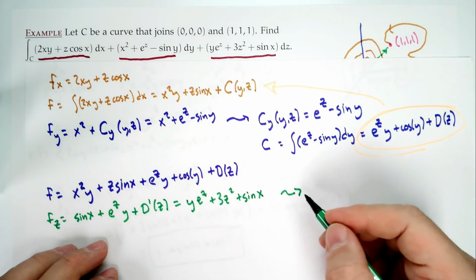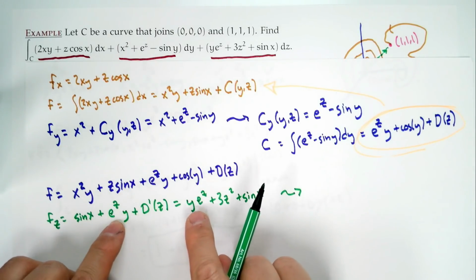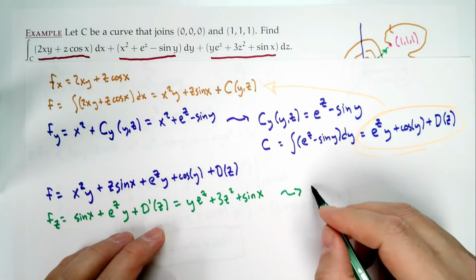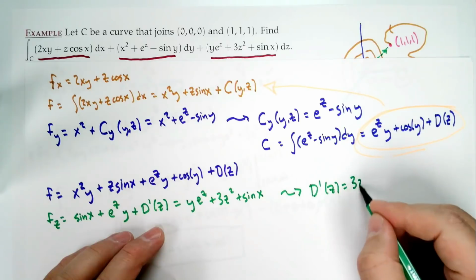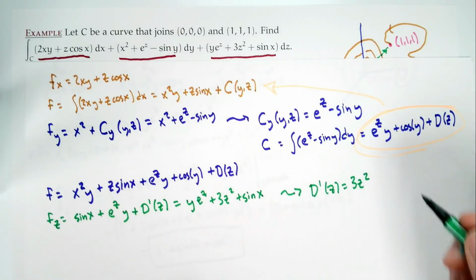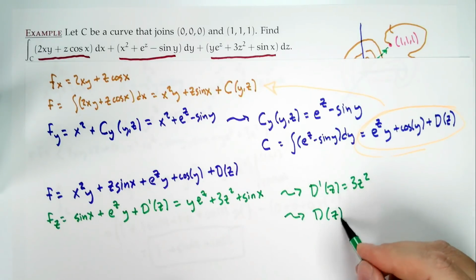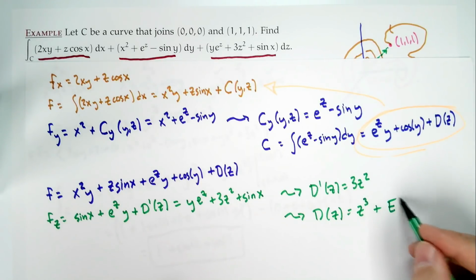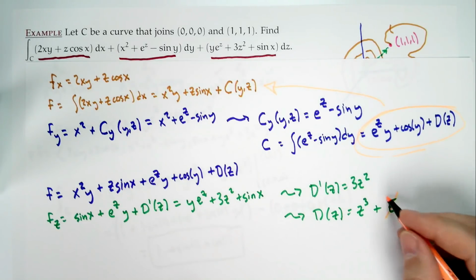Now, we see we get some cancellations. The sine x's cancel, e to the zy and y e to the z are the same. So that allows us to conclude d prime of z is 3z squared. Well, now integrate. What is d of z? Well, it's z cubed plus some constant. At this point, choose the constant to be 0.